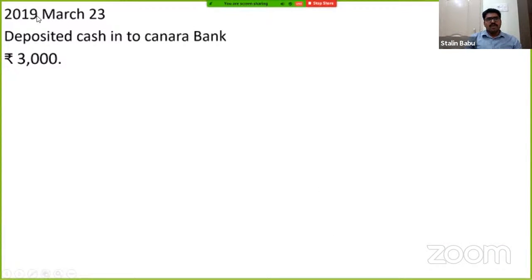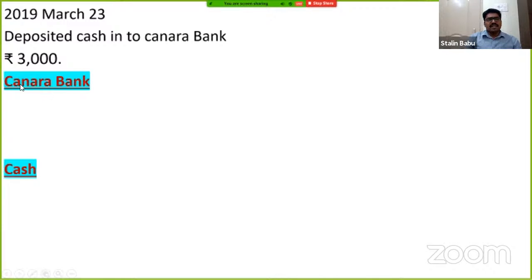2019, March 23rd, deposit cash into Canara Bank, rupees 3,000. Here, we are depositing business cash in the bank. So, cash is going out of the business. And who is the receiver? Canara Bank. The two accounts involved are Canara Bank and cash.